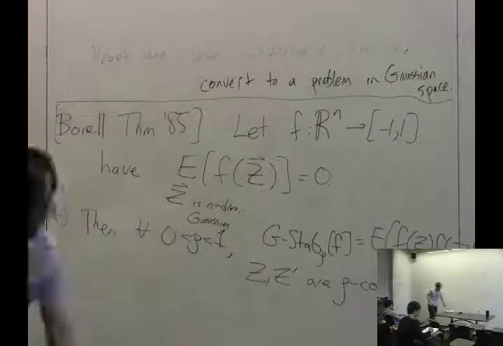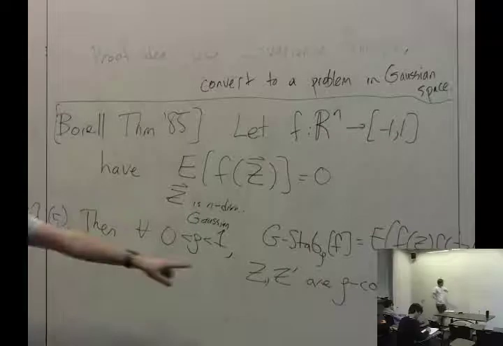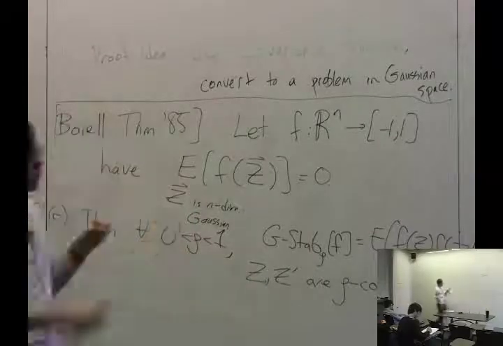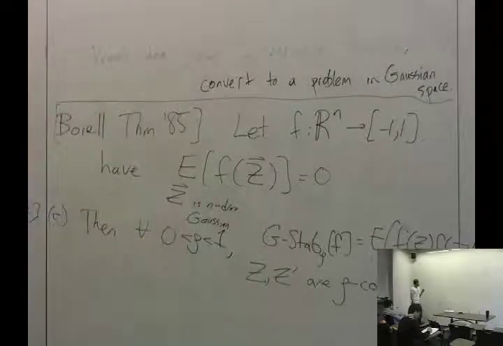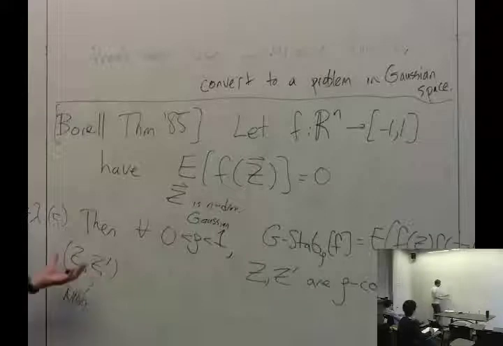Okay, so I hope you at least vaguely remember this concept of correlated Gaussians. This means that z and z prime are both n-dimensional vectors in R^n. They're random vectors. And on each coordinate, zi and zi prime both have the Gaussian distribution N(0,1), but they're not independent.